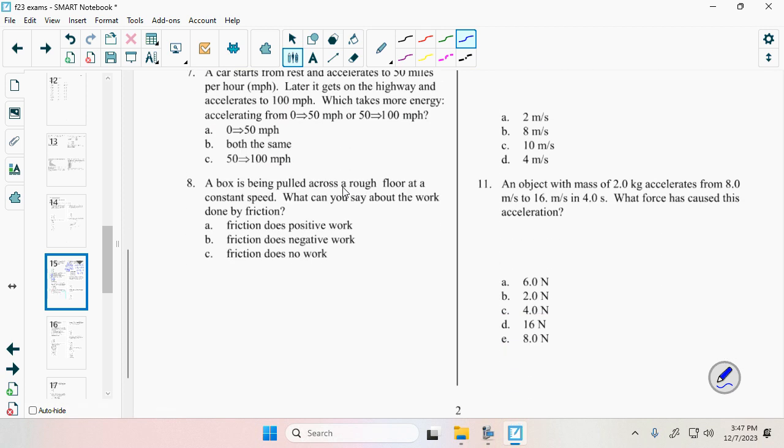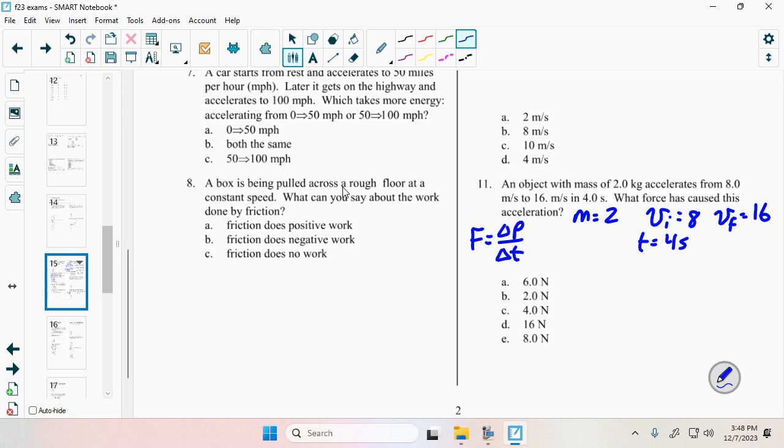Okay, number 11. This is in the momentum section. And so I see force. I'm going to automatically think F is equal to my change in momentum over change in time. Let's just write down what we know. I know that mass is equal to 2, that it accelerates from an initial velocity of 8 to a final velocity of 16 meters per second in a time of 4 seconds.